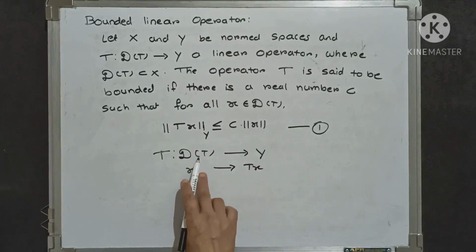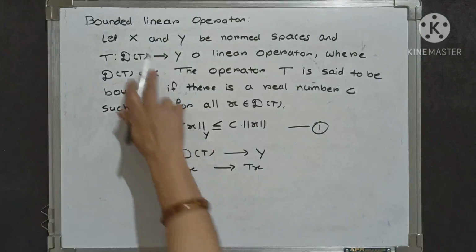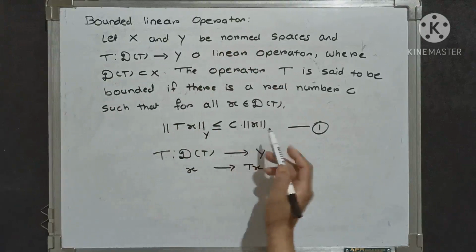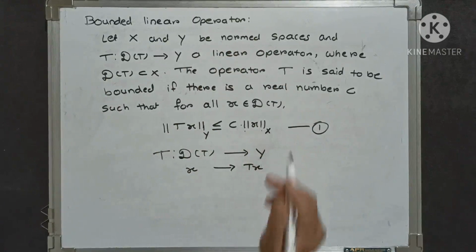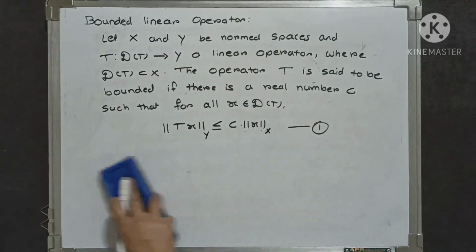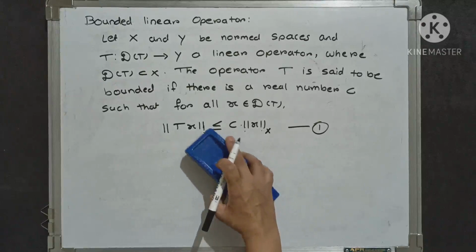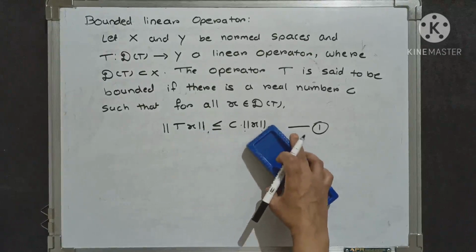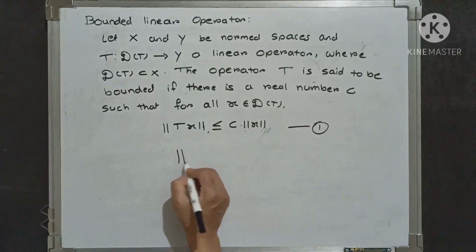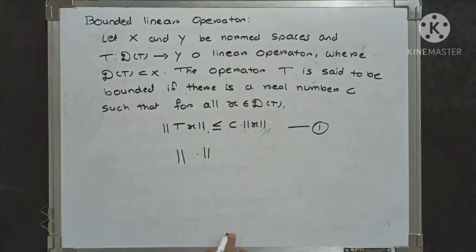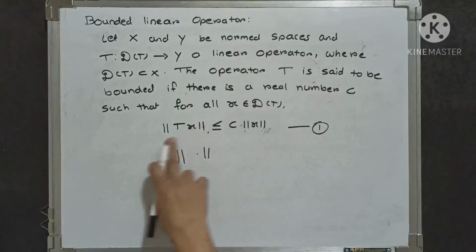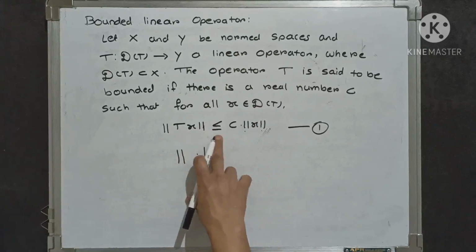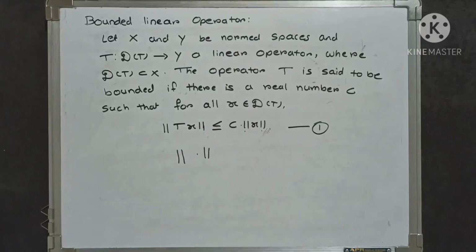Now x is the element of D(T), D(T) is a subset of capital X, and capital X is a normed space, and therefore it is the norm on capital X. But for simplicity, to avoid confusion, we write both the norms with the same symbol, that is norm. Therefore the operator T is said to be bounded if there is a real number C such that for all x belongs to D(T), norm of Tx is less than or equal to C times norm of x. This is the required condition for the bounded linear operator.